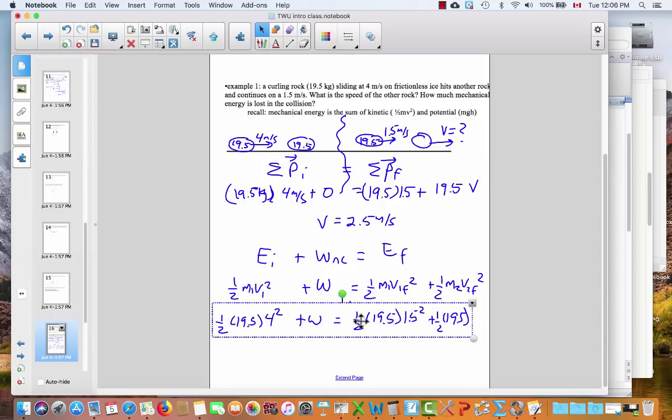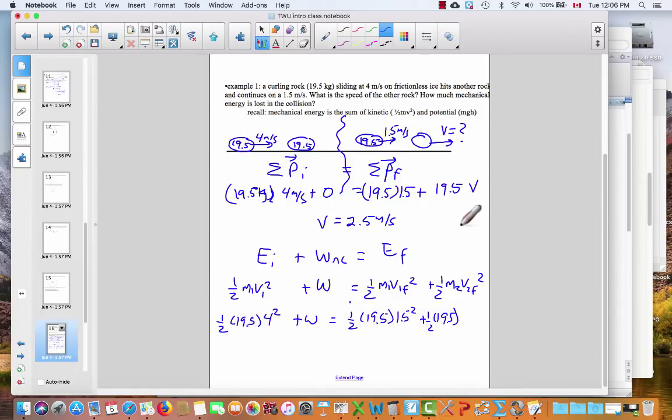I'm just going to cheat by sliding this over a bit to give myself a tiny bit more room. There we go. And so we substitute that in to 0.5 squared, and now we can calculate W, which is the amount of mechanical energy that was lost. So it was either used to do work, deforming the objects, or it was transformed into heat energy.